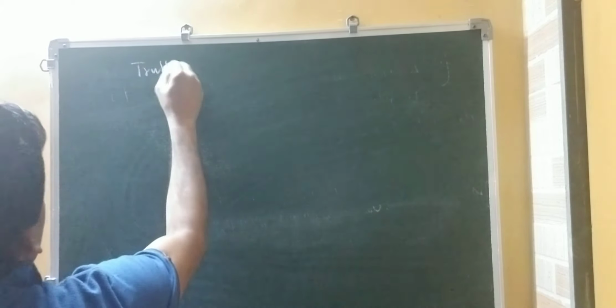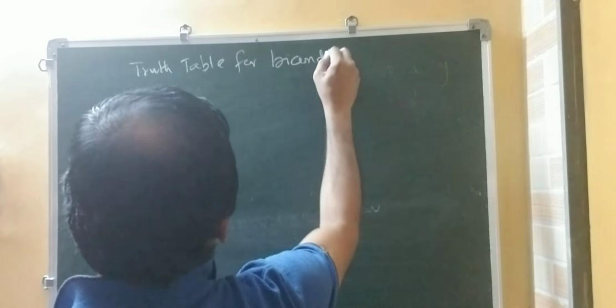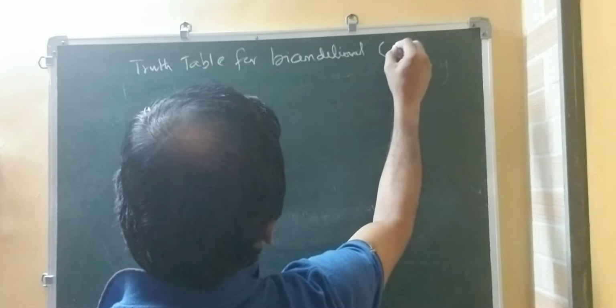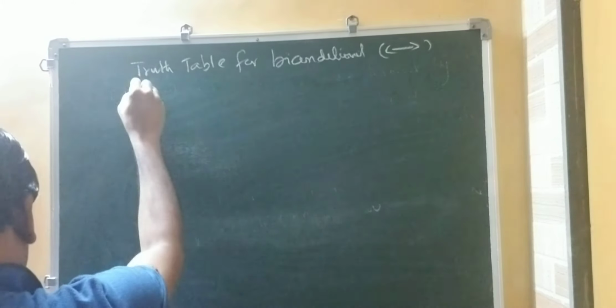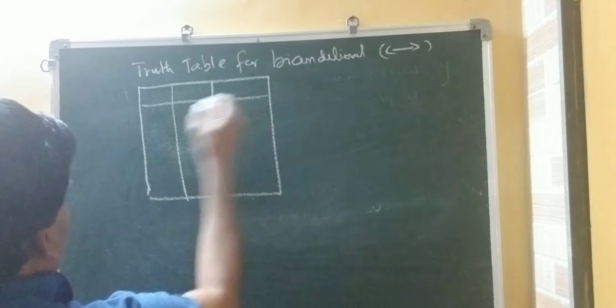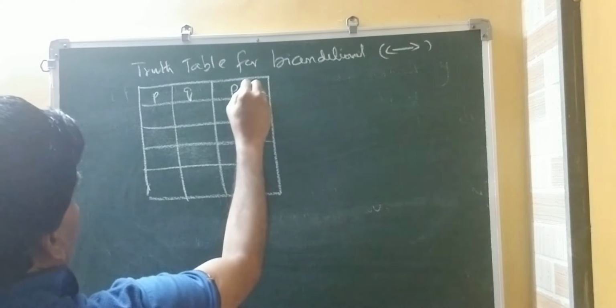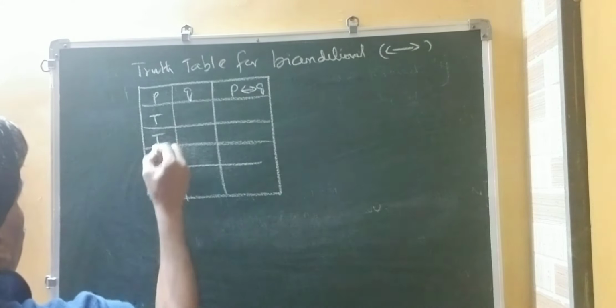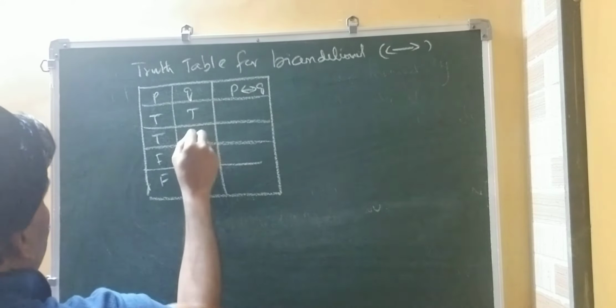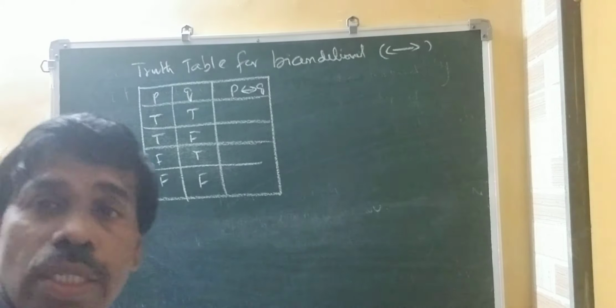Now the table also we will make. Truth table for biconditional. Same thing, you will take two statements: true, true, false, false, true, false, true, false. Now here you see, if both are the same then true.